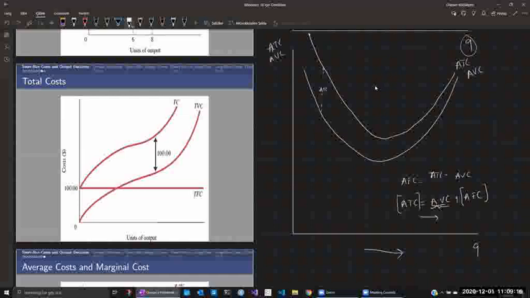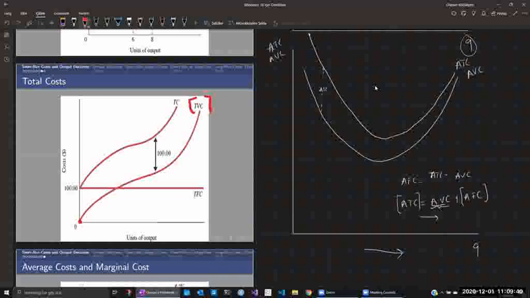And I also know, I have derived the total fixed cost, total variable cost, sorry. So again, if I produce nothing, then the total variable cost is zero because it has a direct relationship with the level of output that I produce.